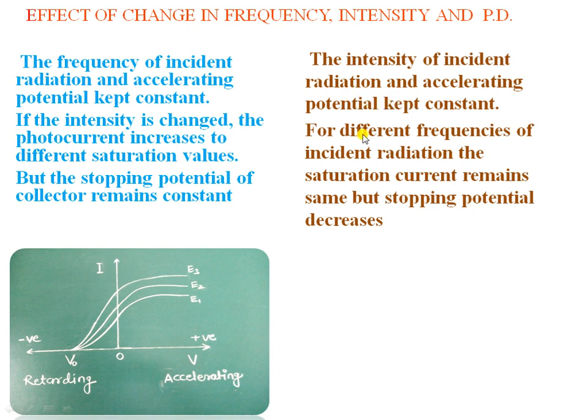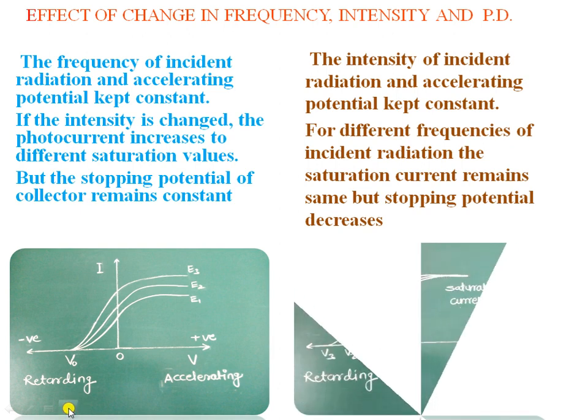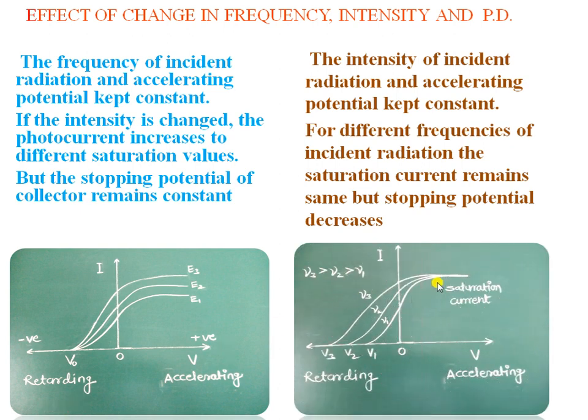Intensity of incident radiation and accelerating PD are kept constant, and for different frequencies of incident radiation, it is observed that the saturation current remains constant like this. This is the maximum but constant saturation current, as the intensity is kept constant.